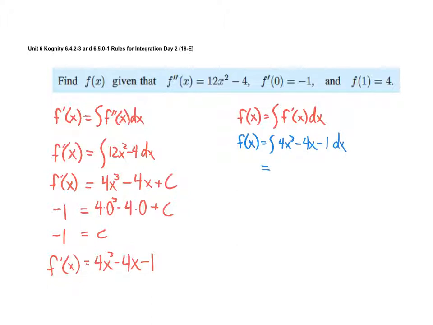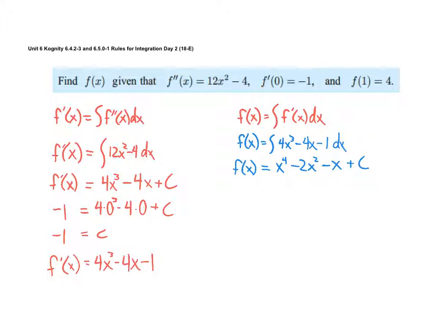And what is that? X to the 4th, minus 2x squared, minus x plus another c. Good.